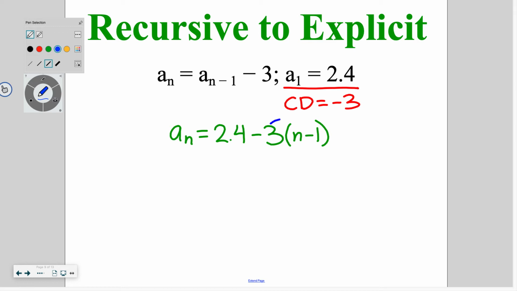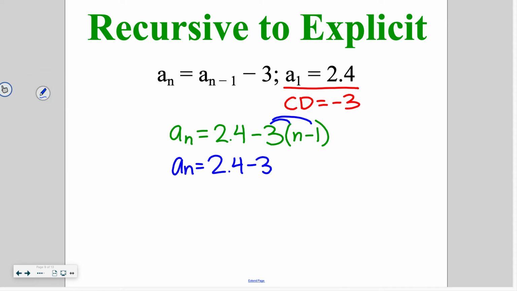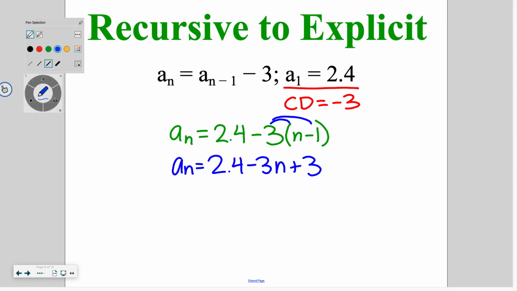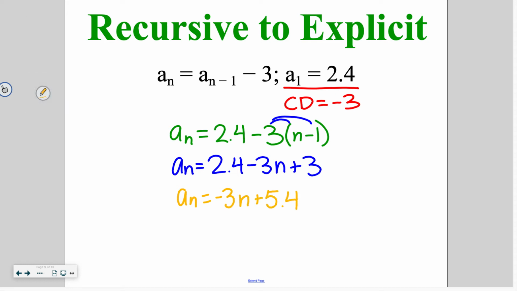I'm going to distribute to get rid of that, and I've got a_n is equal to 2.4 minus 3n plus 3. I can put my 2.4 and my 3 together, which gives me a_n is equal to negative 3n plus 5.4. So I took my information from my recursive formula and was able to turn it into the explicit formula.